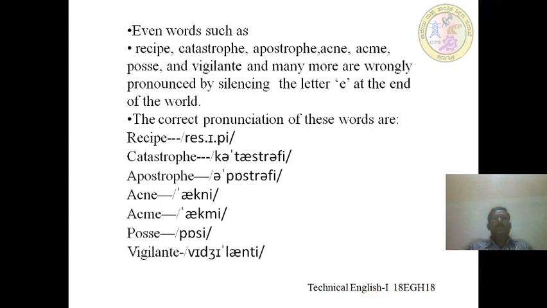The correct pronunciation of these words is recipe. Look at the transcription of that word, recipe, and the sound, it should be pronounced as recipe. Catastrophe, apostrophe, acne, palsy, vigilante.